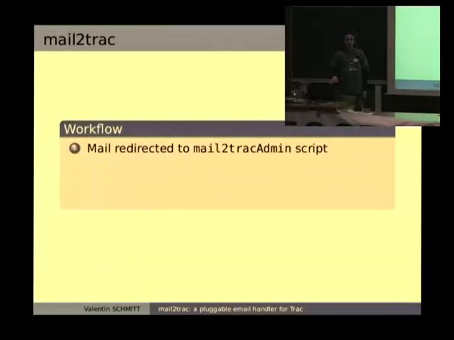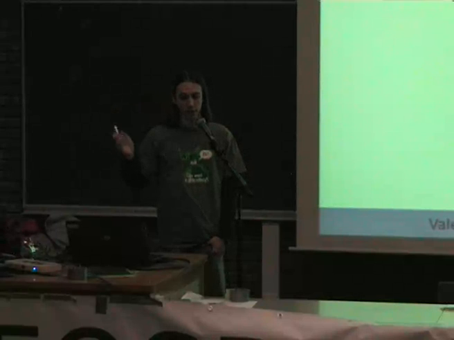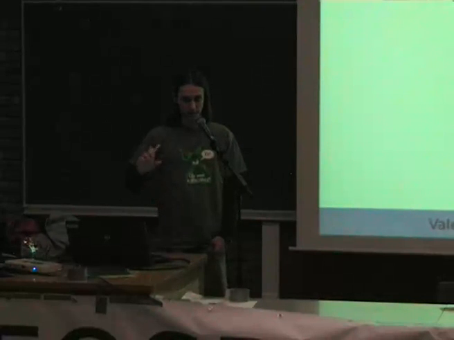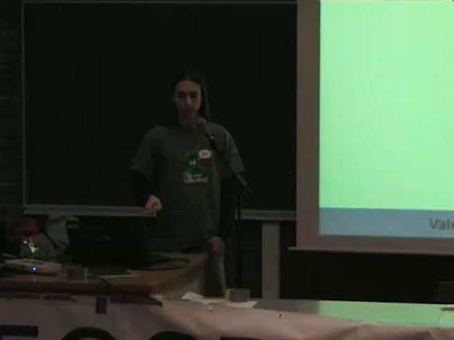So the workflow of mail2trac: when you send it a mail, it's redirected to a small bash script named mail2trac-admin. It provides a trac-admin command, which then calls the mail2trac script. A bit quick here.